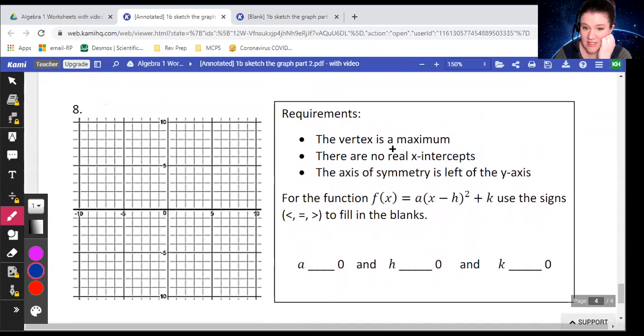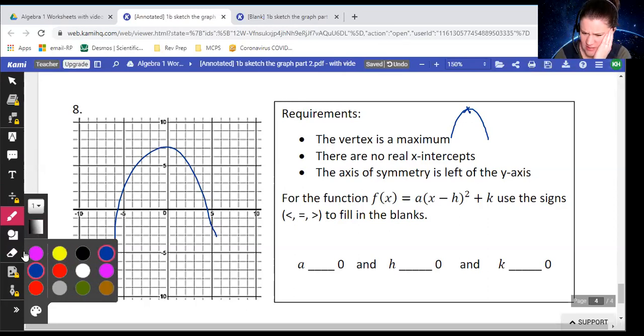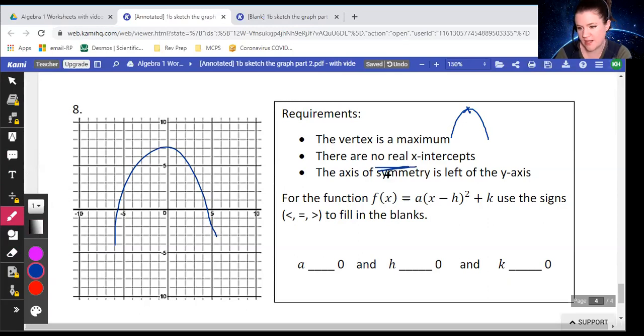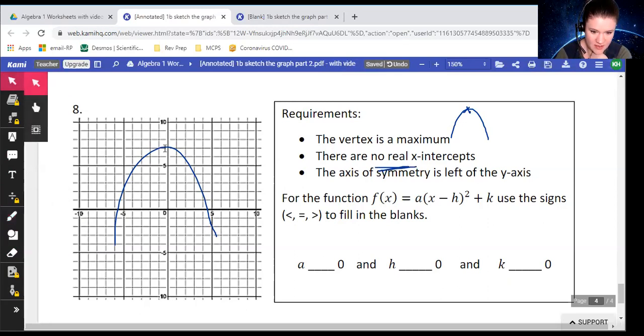All right, so vertex is a maximum. So that means it has to be shaped this way because I need something at the top. Again, it should be a mirror image, but I'm a math teacher. Okay, so the vertex is the minimum. There are no real x-intercepts. So that means it can't be up here because right now I have an x-intercept here and here.